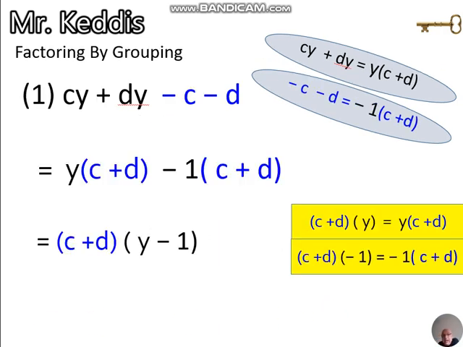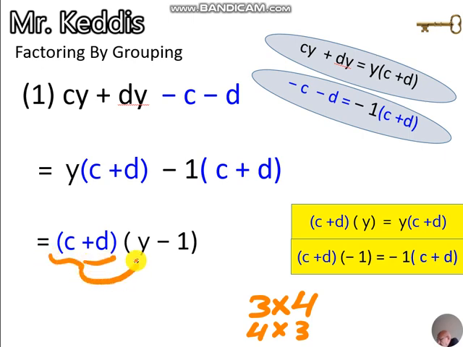Please pause and take notes. And this is the same question I just did. If you have 3 times 4, it is the same as 4 times 3. When you multiply c plus d times y, and I switch the y to the front, y first and c plus d after, I get the first term.